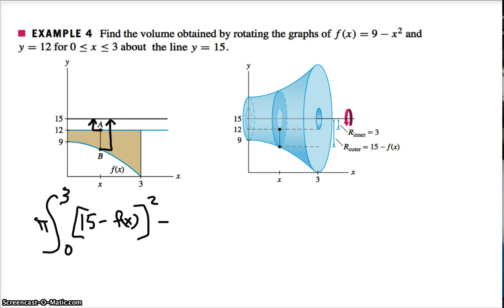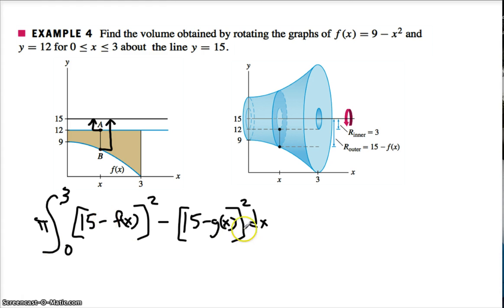Let's use g of x. As I mentioned, g of x is this horizontal line y equals 12. So the difference between 15 and g of x is that smaller radius, and we have to square that, dx. Now 15 minus 12, because g of x is 12, gives us the 3.